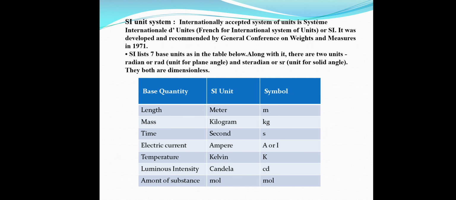Now SI unit, the internationally accepted system of units, in which the fundamental units were fixed by the General Conference on Weights and Measures in 1971. SI has 7 base units as in the table below.